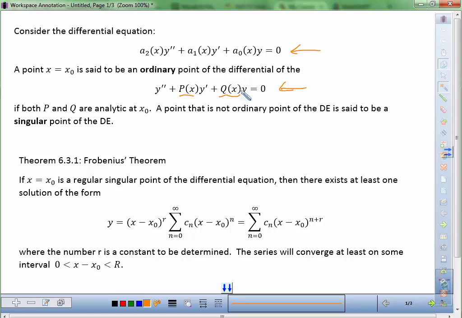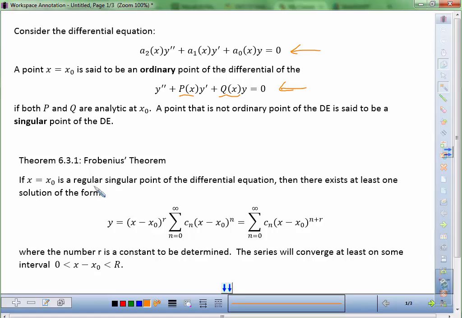points are nice points, and a singular point is something that's not nice. Now, if it's not nice, it could be nice enough or really bad. So a singular point can be a regular singular point if it's not nice but could be nice enough for us to deal with, or it could be an irregular point, which is not something that we're even going to consider.